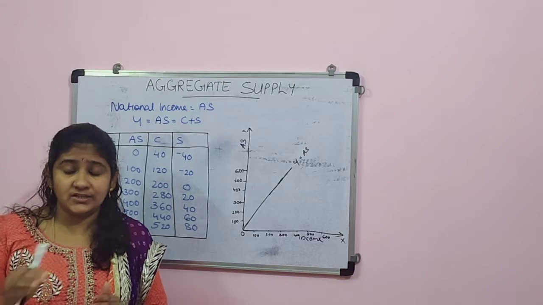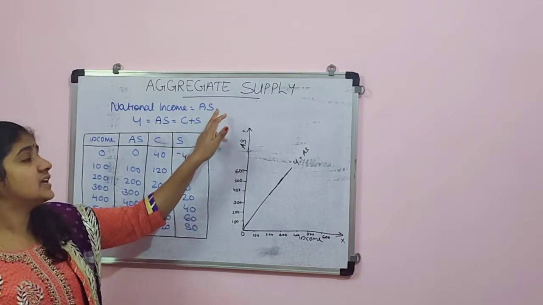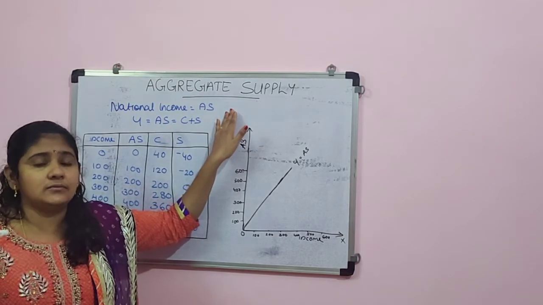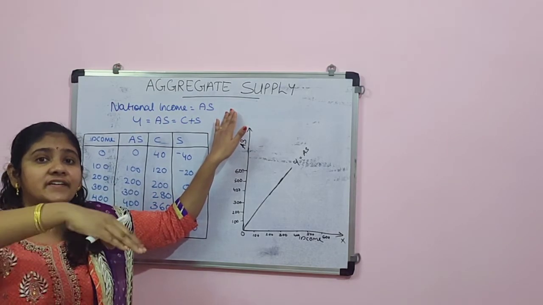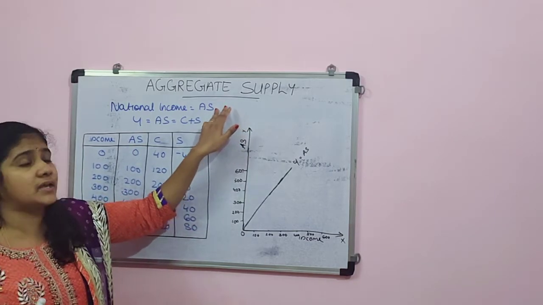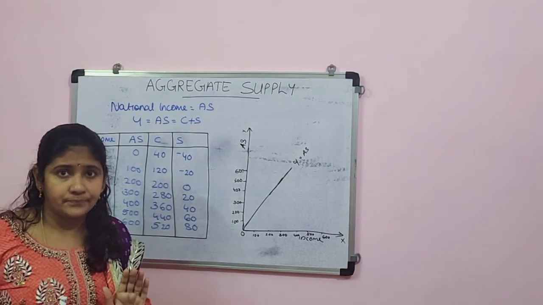So in that case, aggregate supply means the total amount of goods and services produced in the economy, or aggregate supply is equal to the national income.